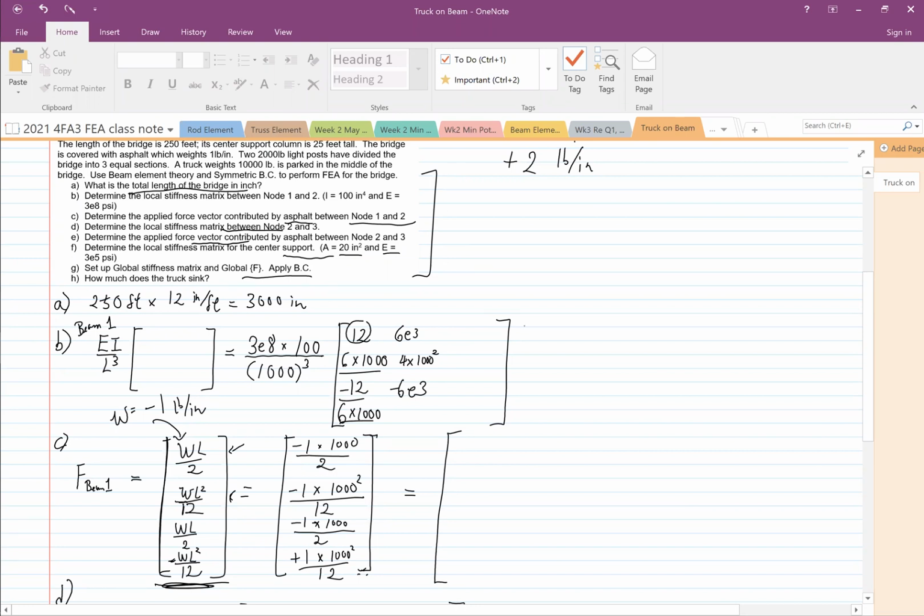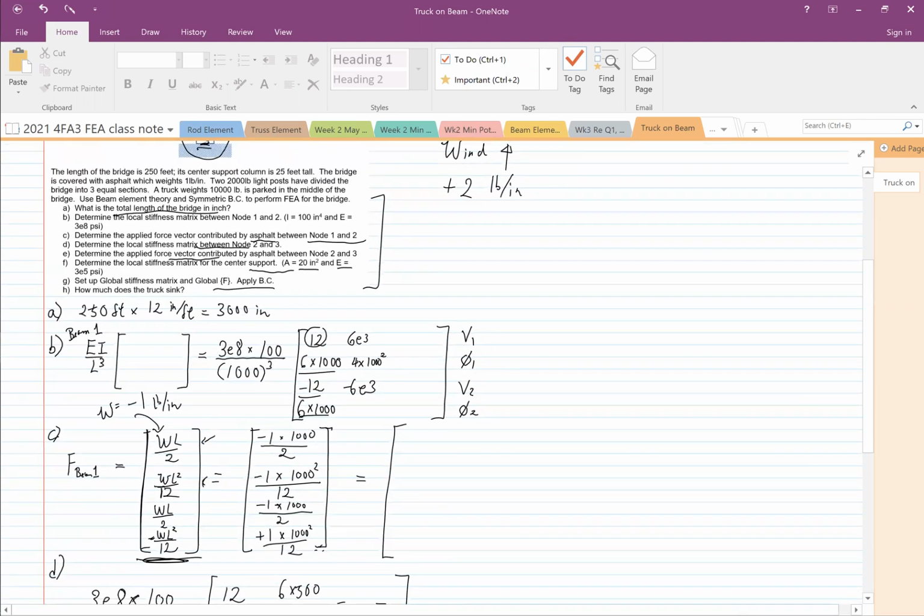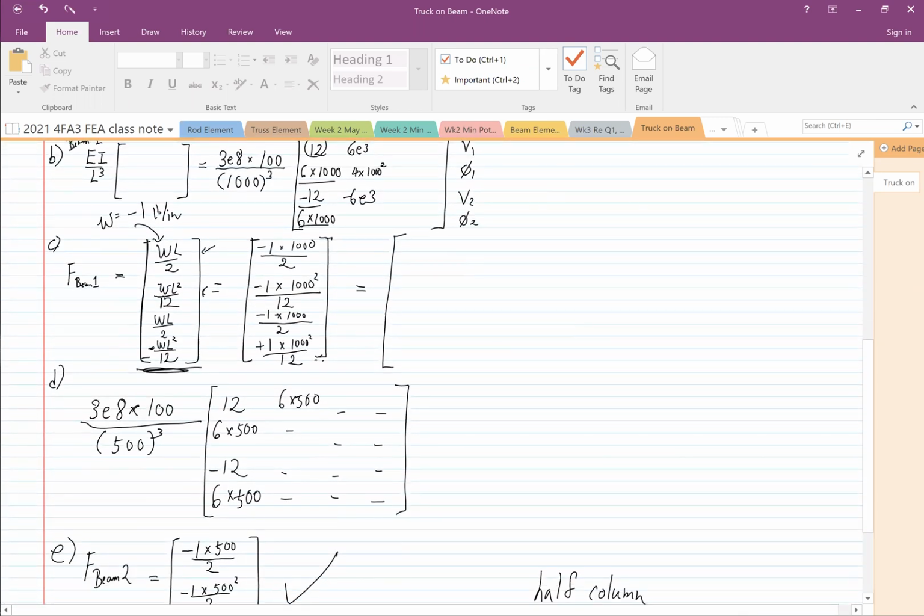What I usually do is write the displacement vector right beside it, just to help myself visualize the new address. Right here will be V2 and angle 2, and then V3 and angle 3.